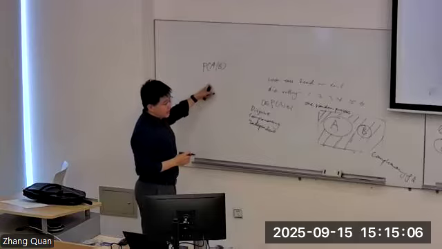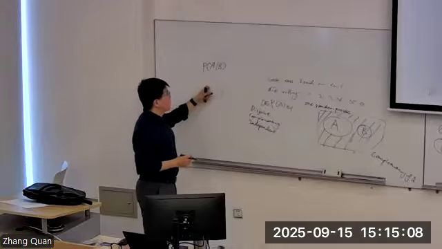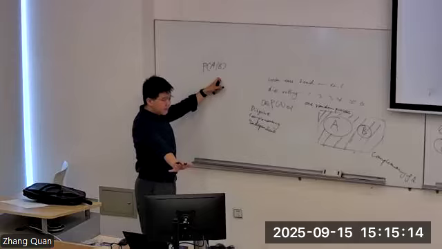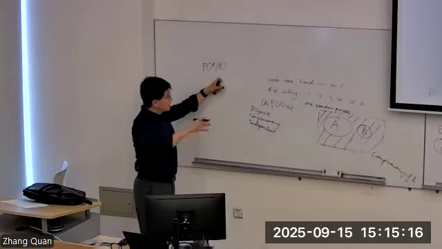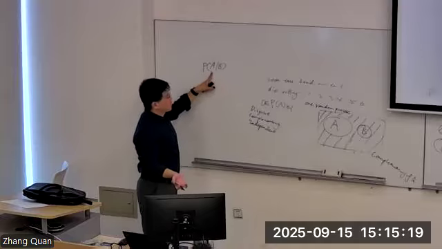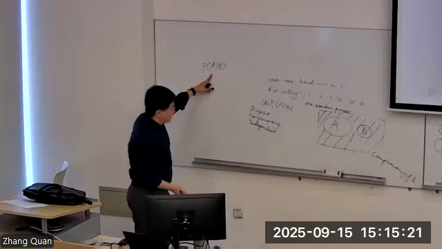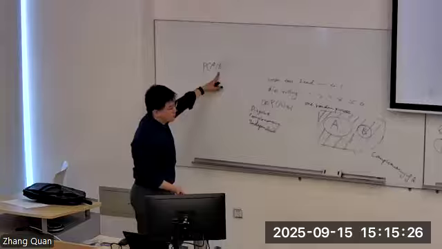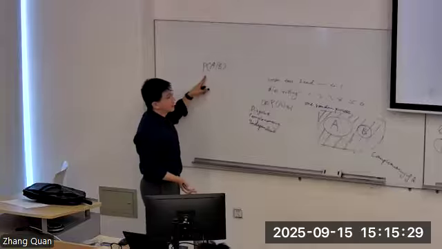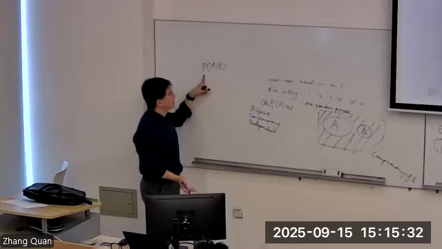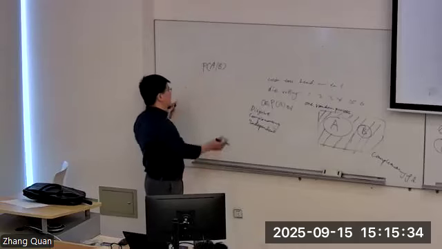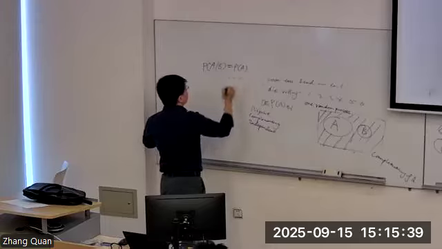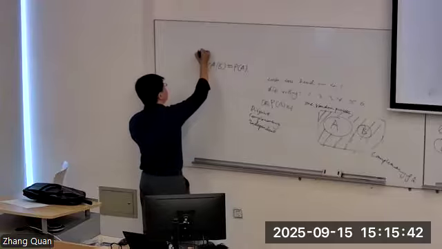We define P(A|B) as the probability of A assuming B is true, that is, B already happens. Under this case, what is the probability of A? If A and B are independent, then B happening should not bring any new information to A, so it should have no impact on A's probability. So the conditional probability should be equal to the unconditional probability. So we should have some equation like this.